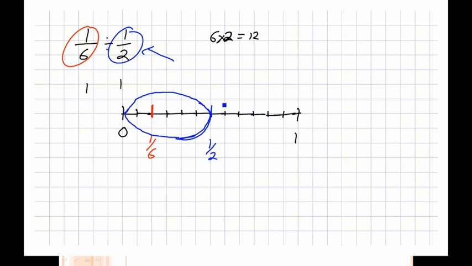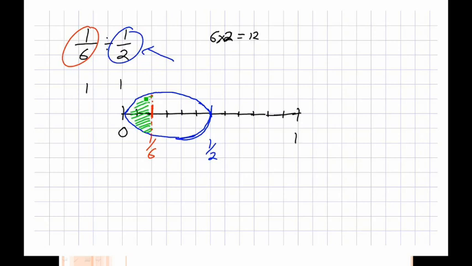Now, what I want to do from here is look at my dividend. My dividend is here. I'm going to shade everything to the left of my dividend.